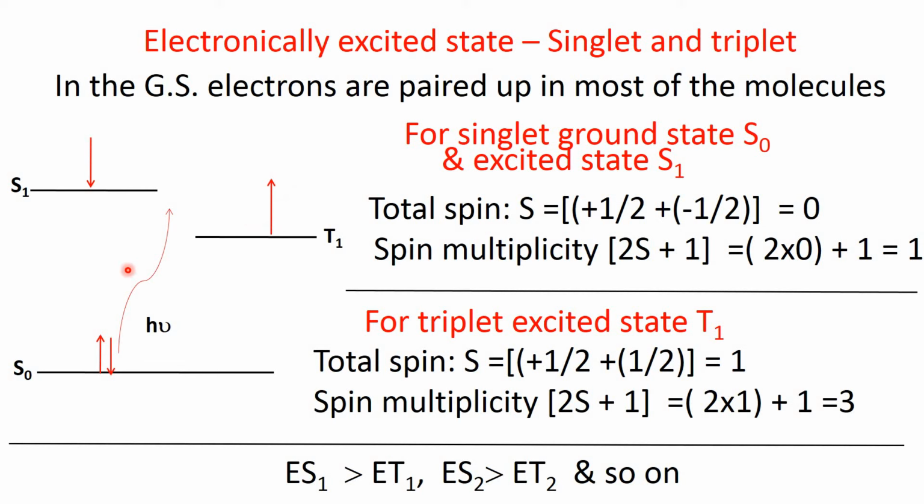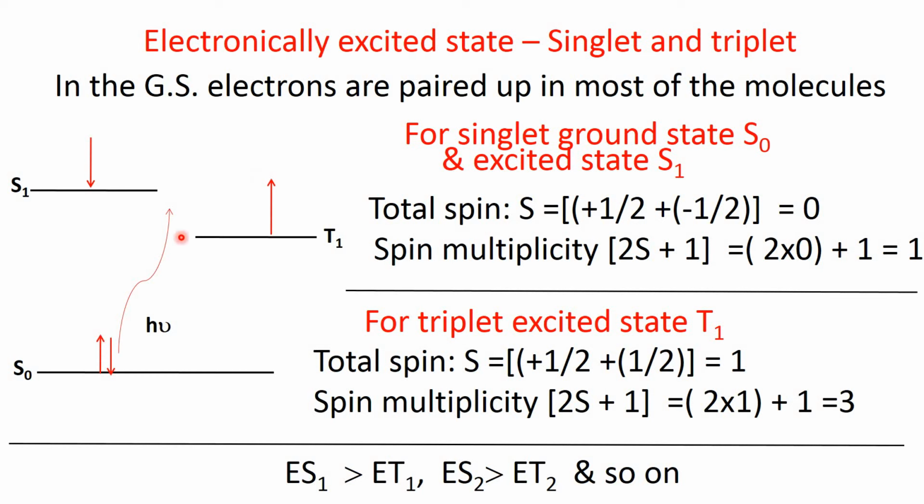In that case, the total spin of this electron and this excited electron becomes plus half plus half, that is equal to 1. Then the spin multiplicity 2S plus 1 will be equal to 2 into 1 plus 1, that is 3. The molecule is said to be in the triplet excited state.